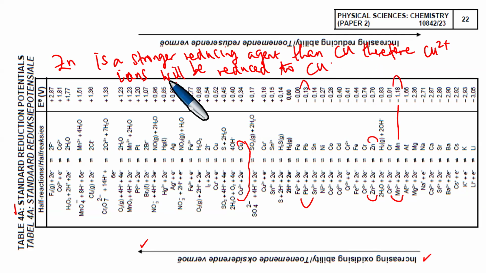Therefore, the copper 2+ ions will gain 2 electrons and be reduced to copper.